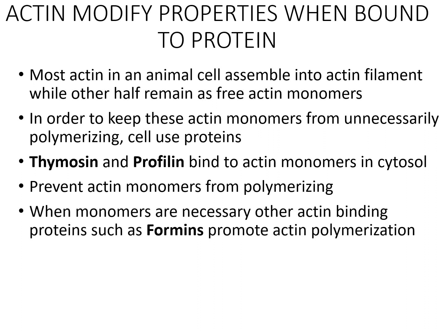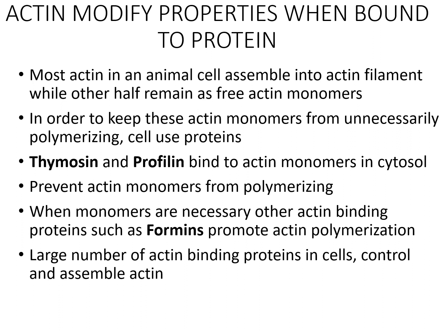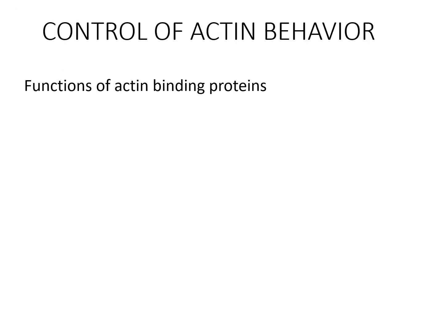But when the cell requires filamentous actin, they can use another protein called formin to promote actin polymerization. So far we have found a large number of actin binding proteins in cells that can control and assemble actin.